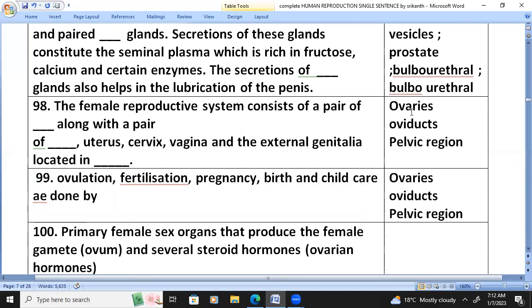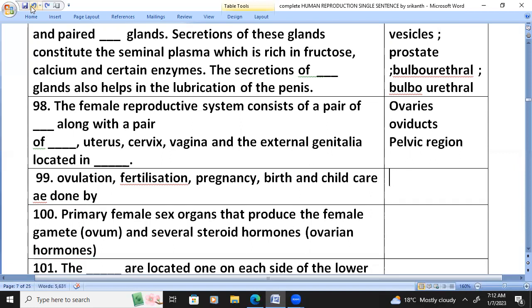Ovulation, fertilization, pregnancy, birth, and child care are done by the female reproductive system.